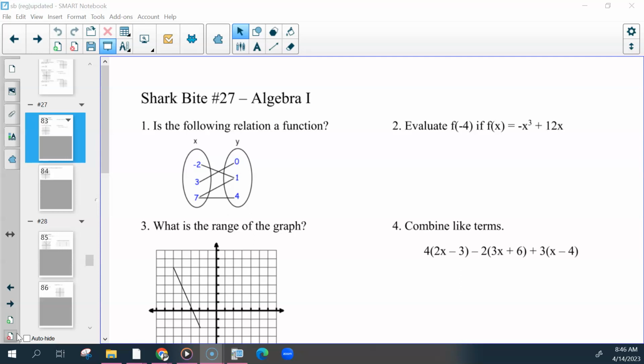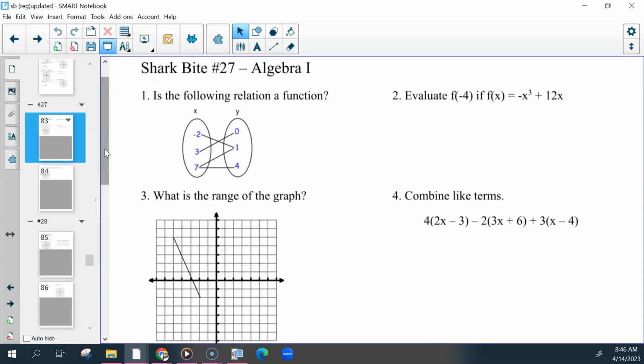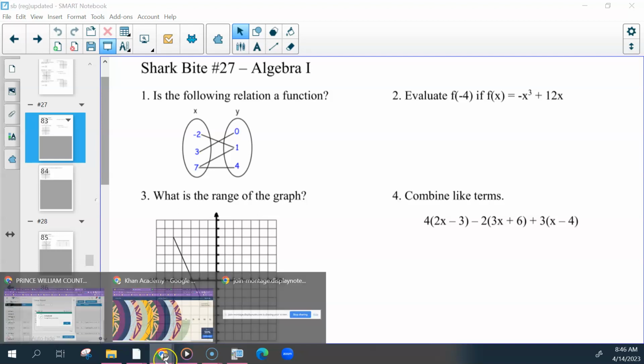I forgot about a way to check yourself with 4 on Desmos, so I'll show you that, and then we'll do 3. And 5 can be done on Desmos, so we'll do that one. So let's start with that.